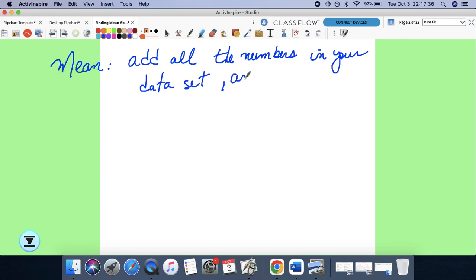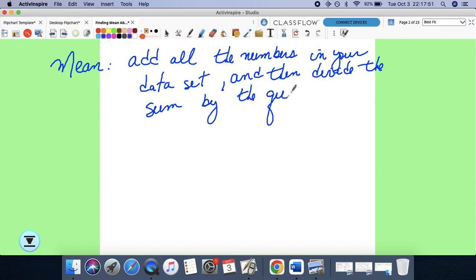And then divide the sum by the quantity of numbers added.